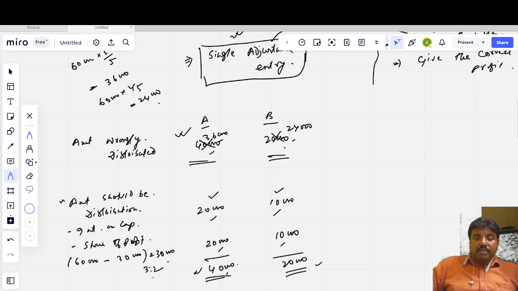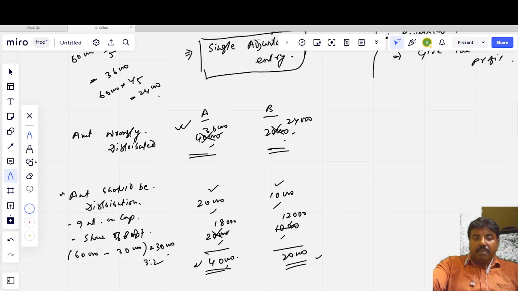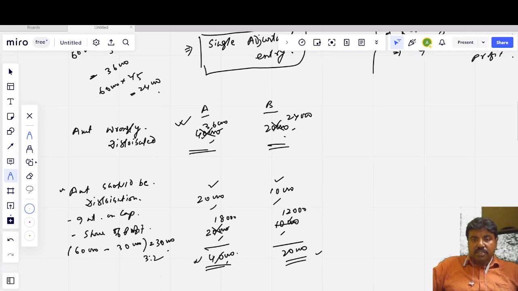So 30,000 into 3 by 5, this will be 18,000, and 30,000 into 2 by 5, this will be 12,000. Then the amount that should be distributed is changing. Instead of 40,000 now it's 38,000, and instead of 20,000 now it's 22,000.